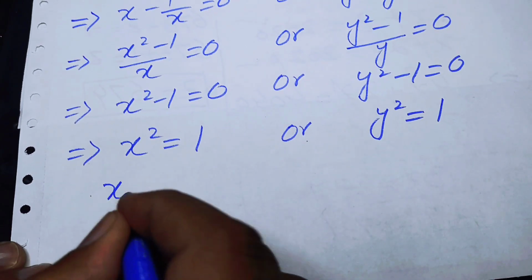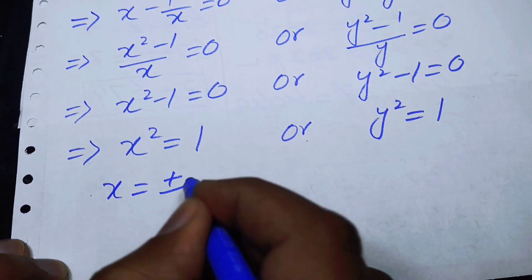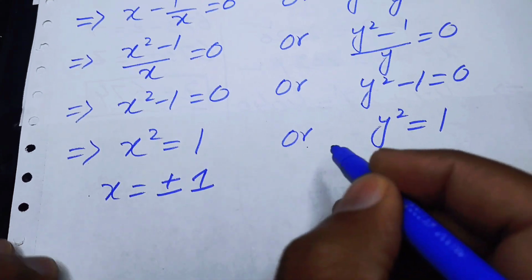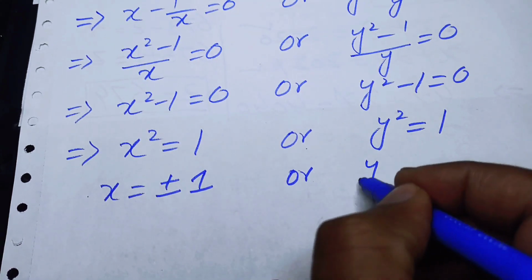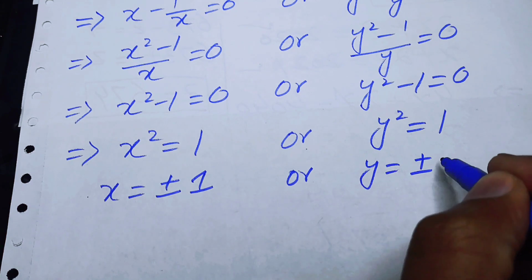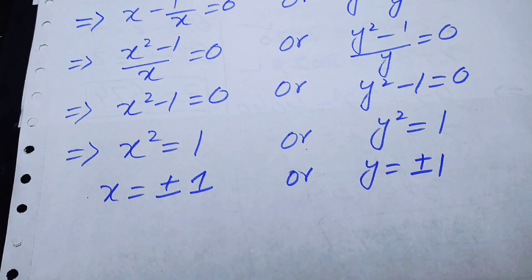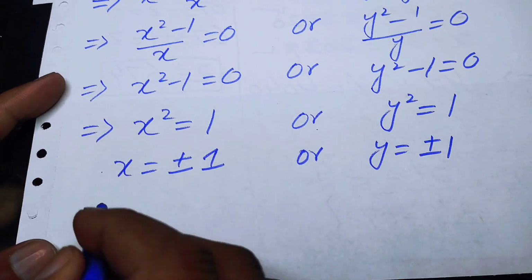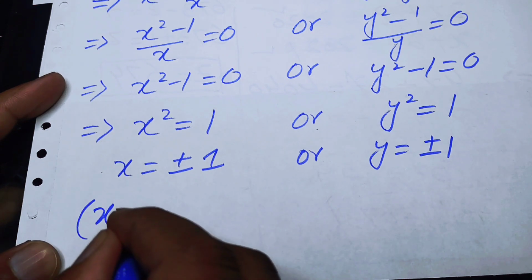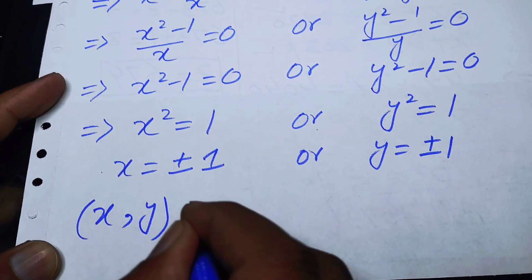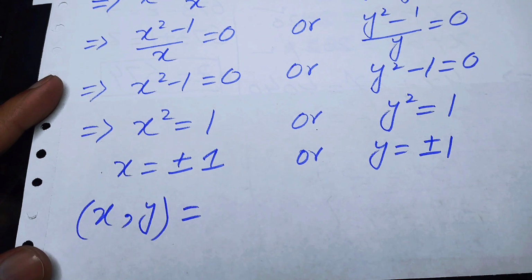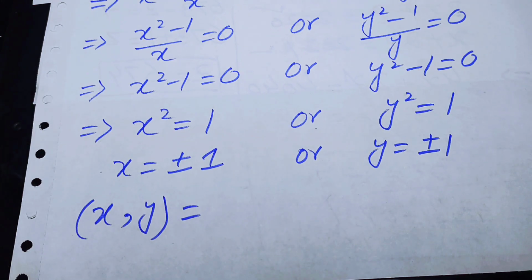So when we take square root on both of the sides, here we get plus minus 1, or here we again get plus minus 1. So finally we obtain the values of x and y. There are four possible pairs of x and y.